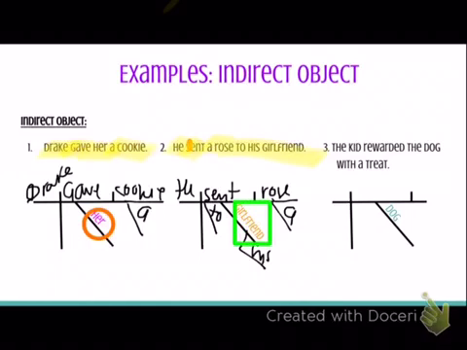Thirdly, the kid rewarded the dog with a treat. What's the verb? Rewarded. What's the subject? Who rewarded? The kid. Then we create a line for the, because it's an article describing kid. What was rewarded? A treat. That's a direct object. A treat. For whom was the treat rewarded?